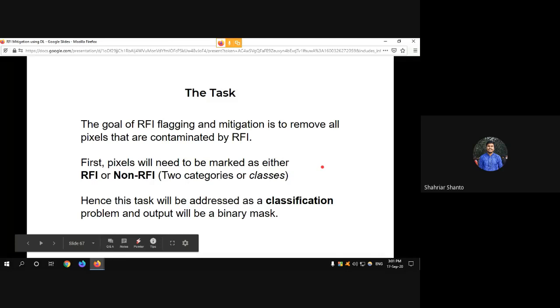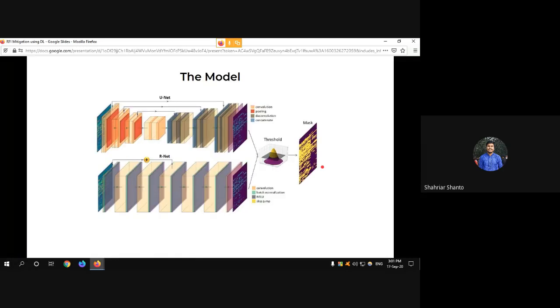Okay, using machine learning, what is the model they used? They built a model called RNet, and UNet is a previously known good example of a deep learning model to mitigate RFI. So they are comparing their model and the previous model. RNet, as the picture depicts, has convolutional layers.